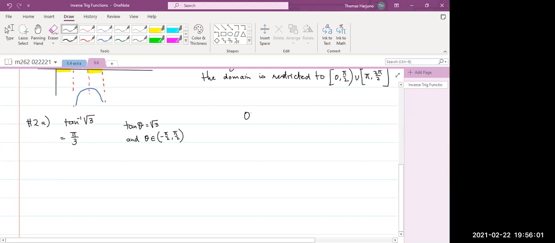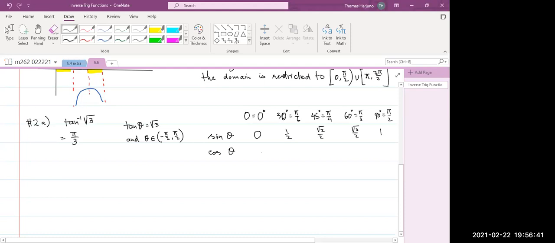Please remember 0 degrees, 30 degrees, which is pi over 6, 45 degrees, which is pi over 4, 60 degrees, which is pi over 3, 90 degrees, which is pi over 2. The sine for 0 is 0, then 1/2, radical 2 over 2, radical 3 over 2, 1.